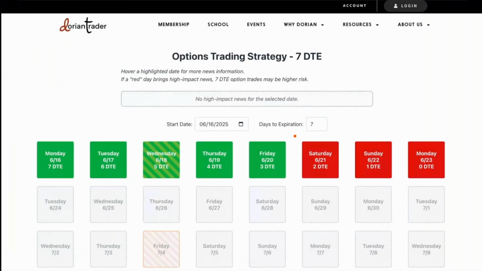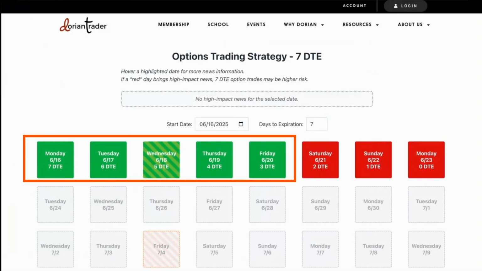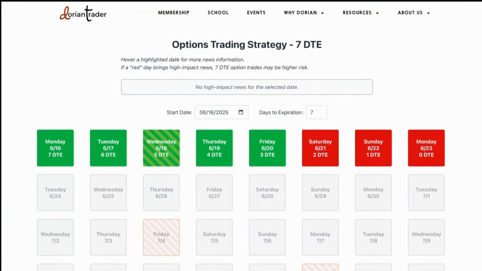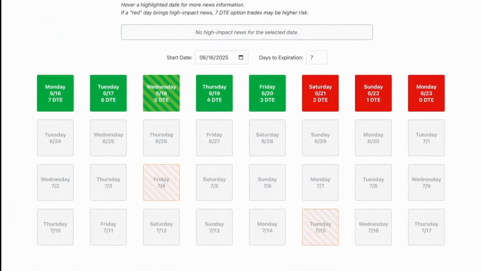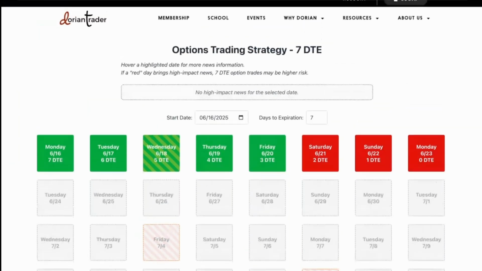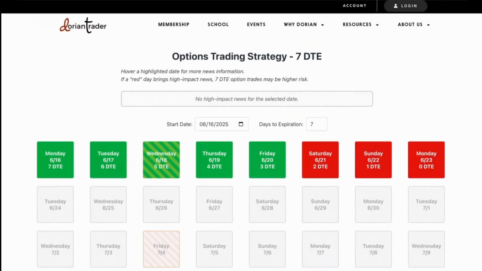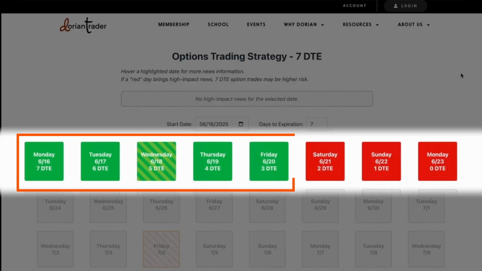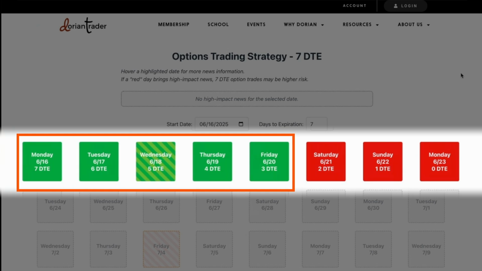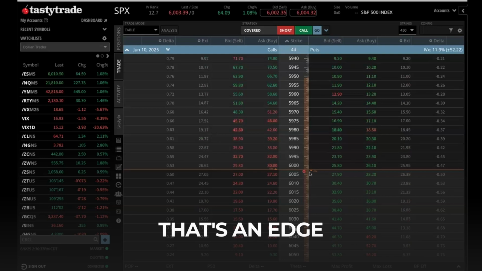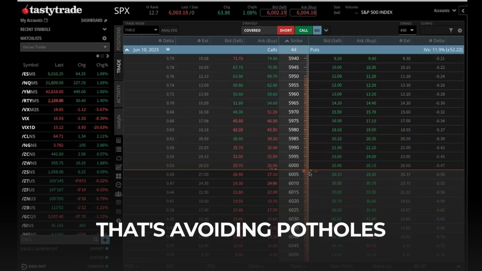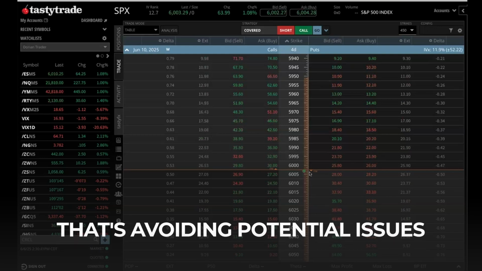We have this special calendar that David has created for us that you can get within the Discord 7DT channel. You click on it, it's pinned, and it'll take you to the economic calendar that has it highlighted for you to be able to see what's going on. And if it says it's a green light for you to do it, then you can do the trade. That's an important step, you guys. That's an edge. That's eliminating, that's avoiding potholes, that's avoiding potential issues.